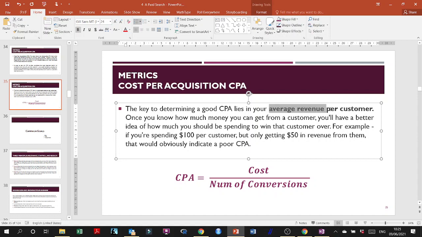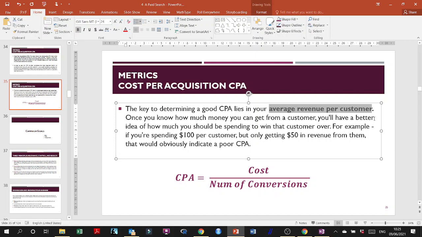And the average revenue per customer, in marketing we usually refer to the average order value, AOV. And from the average order value, we can extract the average revenue per customer. It's like in reverse, because the customer buys a product with the price tag.